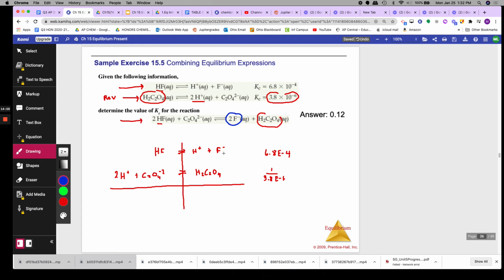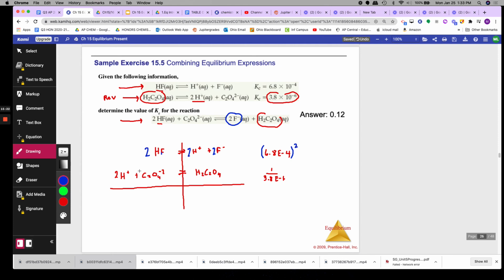Two F's. So to only get two F's, I'm going to have to double this whole thing. Also, you can see that the HF, I need to double it because there's 2 right there in the end. So if I double it, what should I do? Do I double this? No, I raise it to the power of 2. I square it.